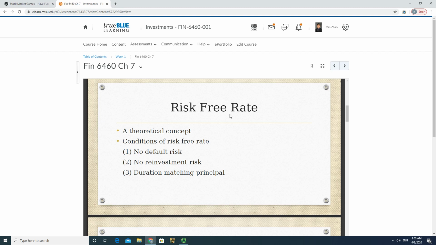As an amateur, you can ask the question of what is the risk-free rate, but as a professional, you can ask a more sophisticated question: what are proxies of risk-free rates?